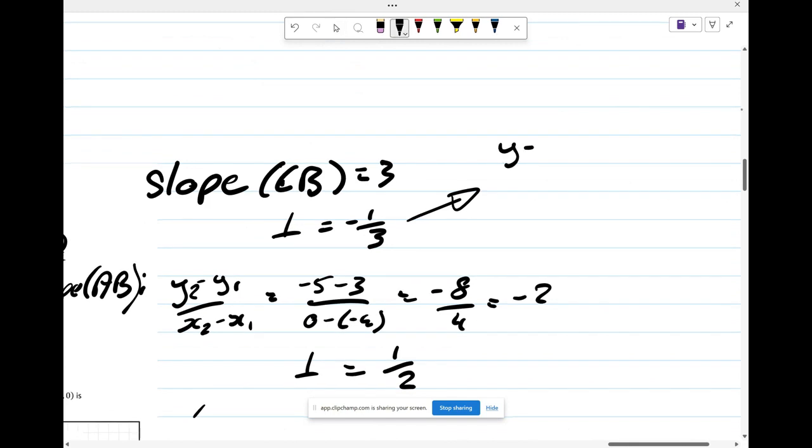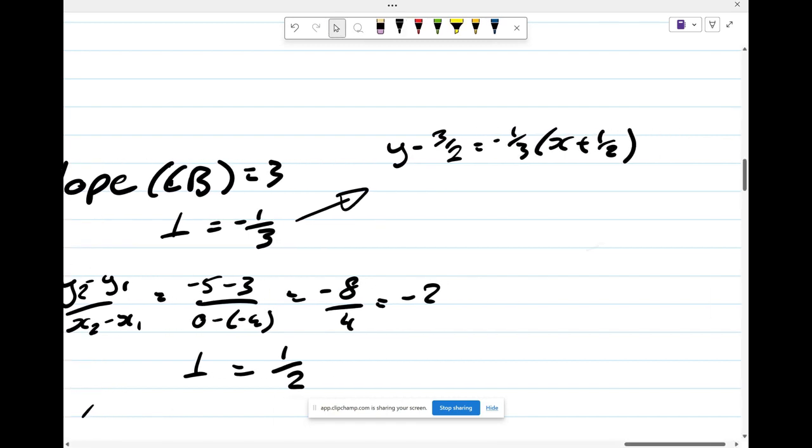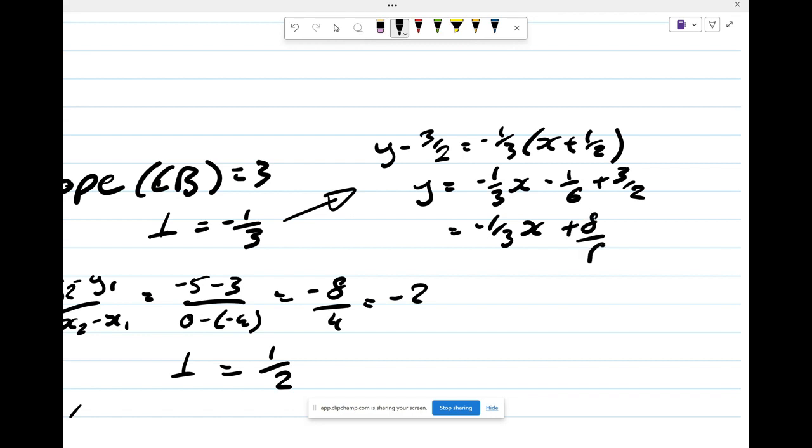So y minus 3/2 is equal to -1/3 times x plus 1/2. So y equals -1/3 x minus 1/6 plus 3/2, which is -1/3 x plus 8/6. That's -1/3 x plus 4/3.